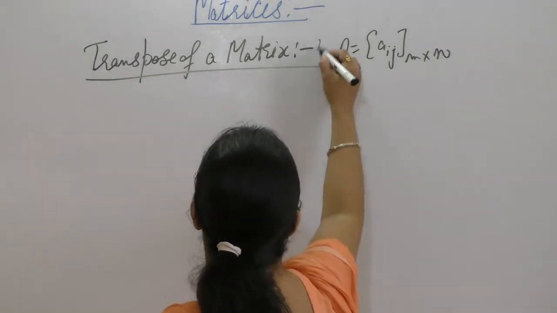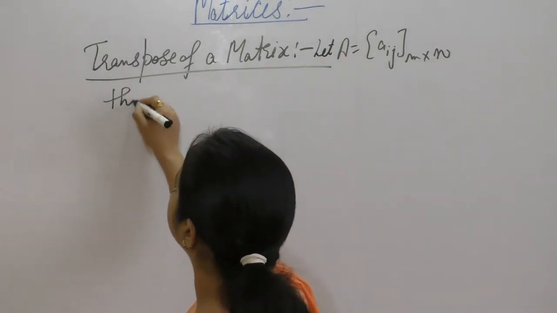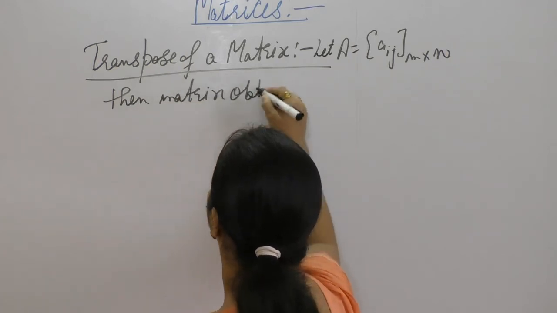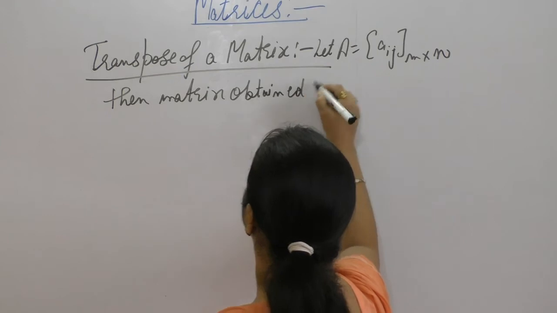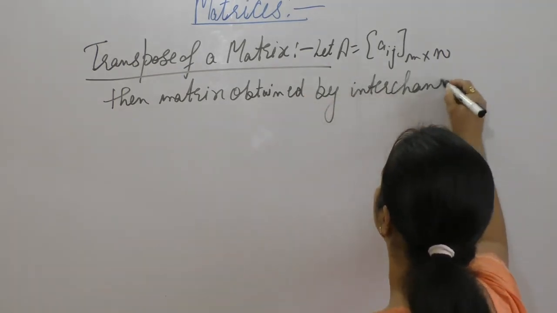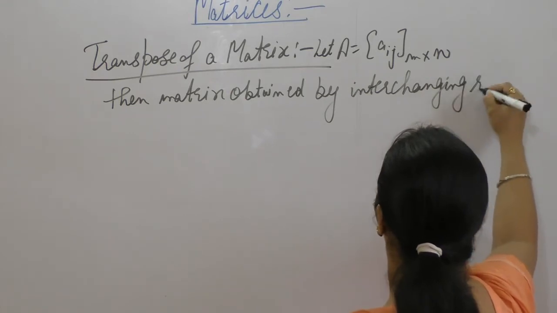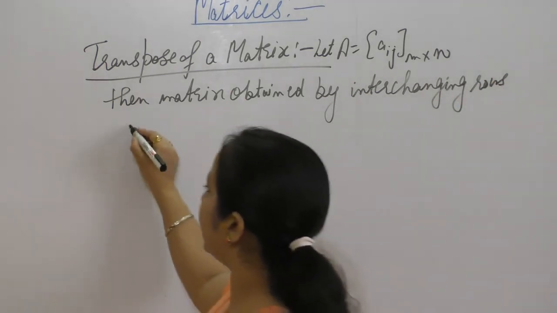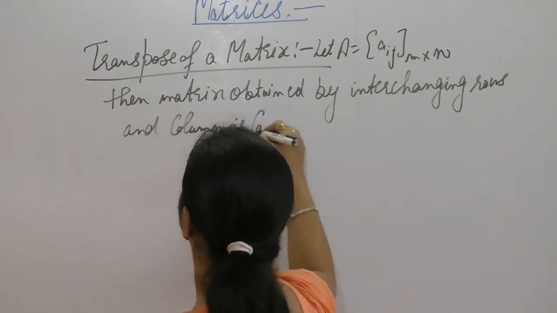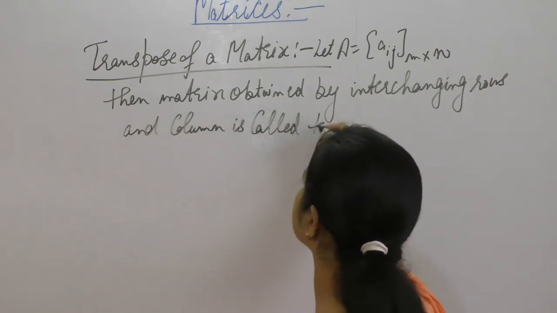Then the matrix obtained by interchanging rows and columns is called the transpose of matrix A.